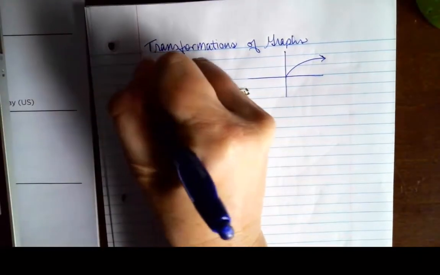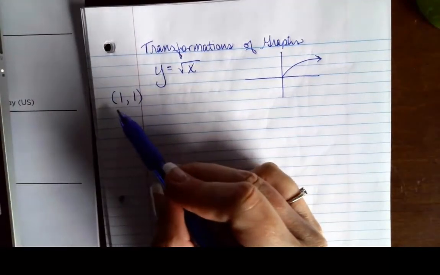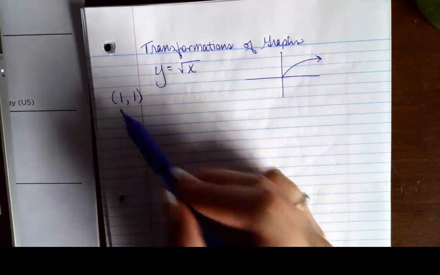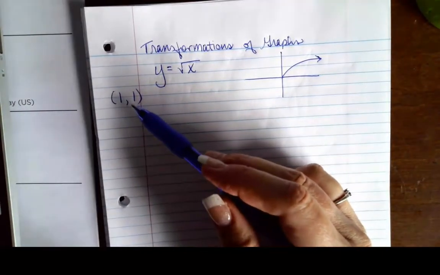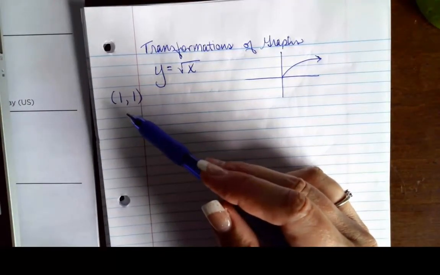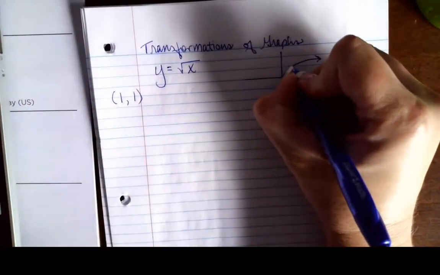And one of the things that I want you to notice is, for the most part, in fact, I'm trying to think, I don't think there is one. The point (1, 1) is pretty much on every single parent function that I've given you. We're going to use that information in a second when we stretch and compress, because having the point (1, 1) will let us know if it has been stretched or compressed. So for instance, (1, 1) is on this graph.